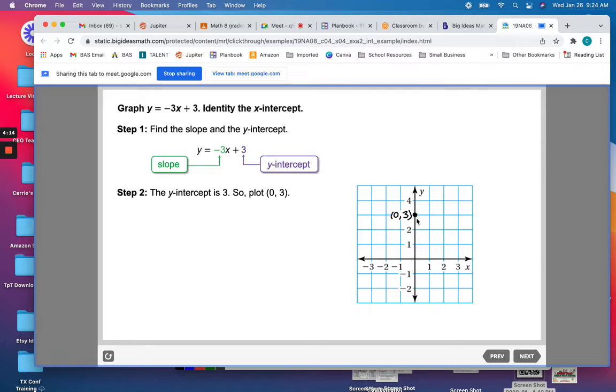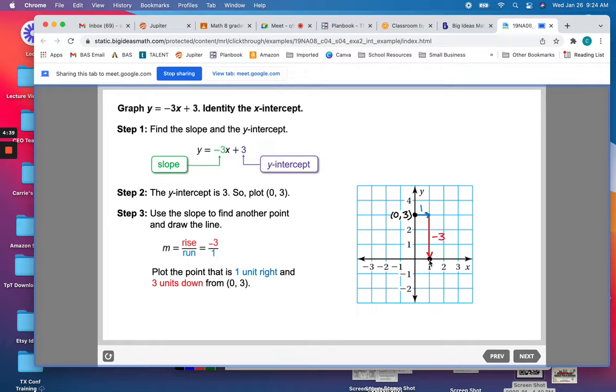Now that we have a point, we can plug in the slope and follow the line to the x-intercept. My slope is -3 over 1, over an imaginary 1. I'm going to go down 3, 1, 2, 3, and over 1, and plot my second point.